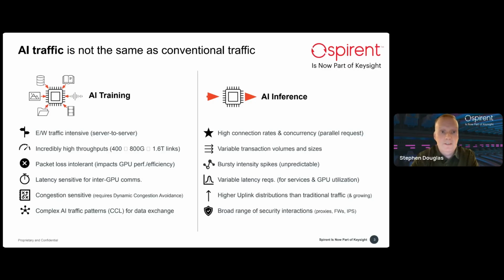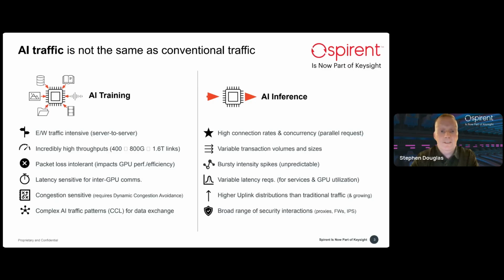If you just look at the AI training traffic on the left-hand side, it's highly east-west intensive because it involves large, continuous server-to-server communications during distributed model training. It demands incredibly high throughputs to transfer the massive data sets and the gradients efficiently. And it's absolutely packet loss intolerant, as even minor losses can disrupt synchronization and actually degrade the accuracy of the whole training process.